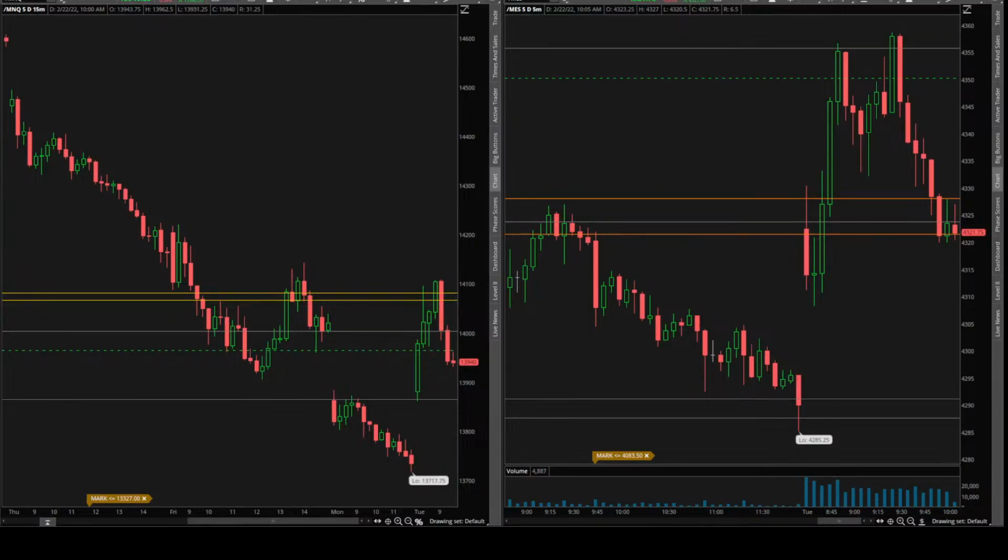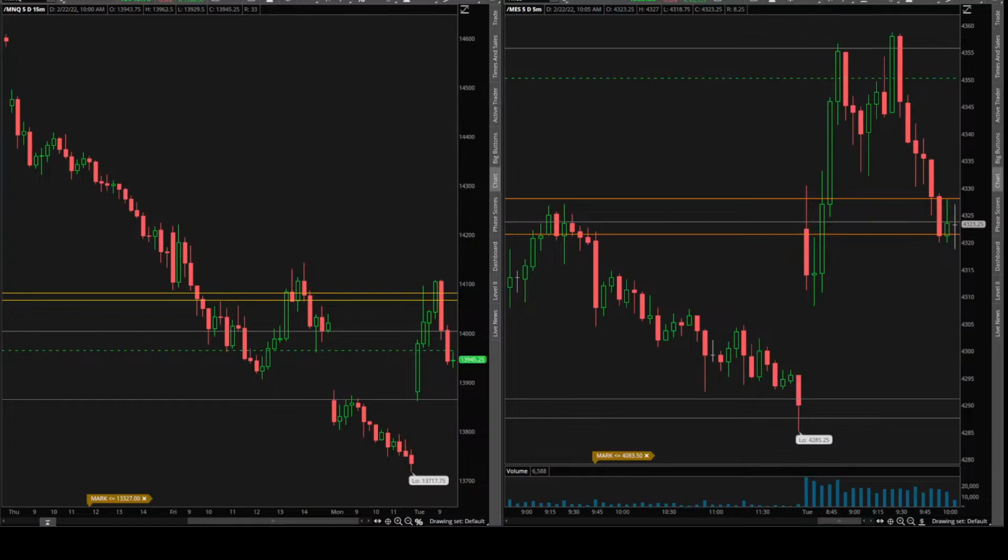Pretty close again to getting stopped out there. Just hanging out. Let's see if we push it higher. A little rejection there, couldn't do much.